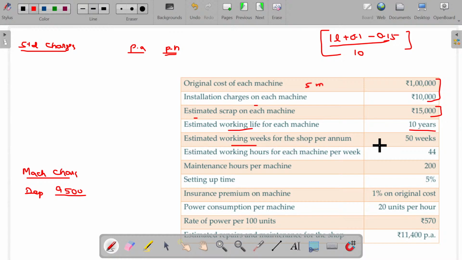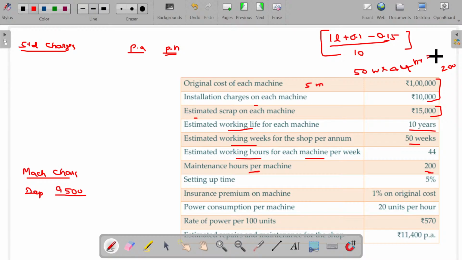Estimated working weeks for the shop per annum is 50 weeks. Estimated working hours for each machine per week is 44. Maintenance hours per machine is 200. So 50 weeks, 44 hours per week.